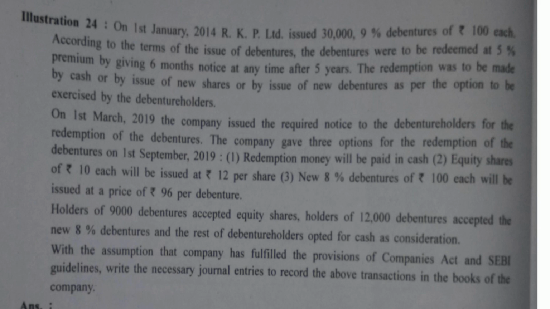One debenture is of rupees 100. According to the terms of the issue of debentures, the debentures were to be redeemed at 5% premium. What is 5% of 100 rupees? It is 105 rupees. By giving 6 months notice at any time after 5 years.